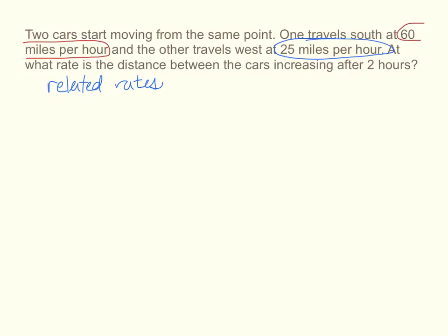Let's write down what we know. We know that starting from a point, we have one car that travels south at 60 miles per hour. The other car travels west at 25 miles per hour.